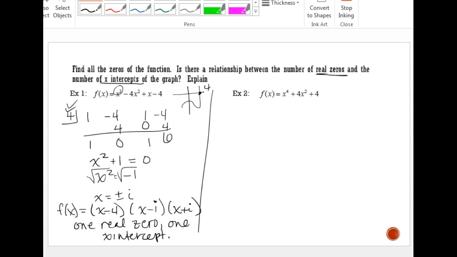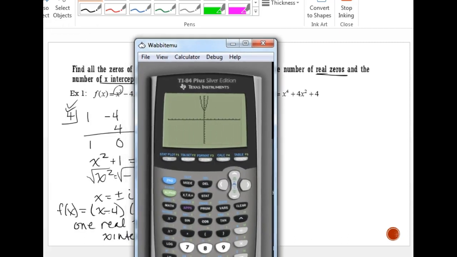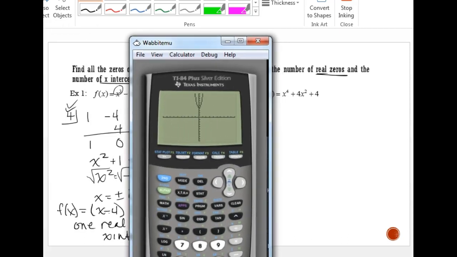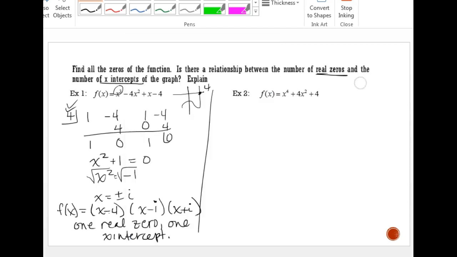Now let's try this again. Let's look at example 2 on the graph. So when I graph example 2, look at it right here. It doesn't cross the x-axis at all. So what does that tell us? Well, it's way up here. It doesn't cross the x-axis, so that means I have no real roots, or no real zeros, if you want to call them zeros, that's fine too.